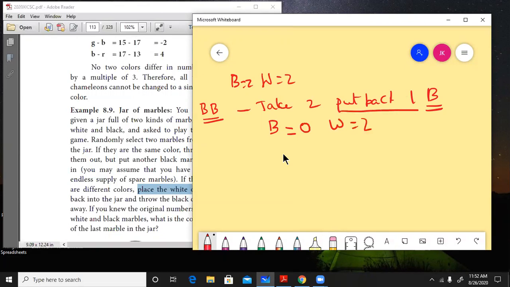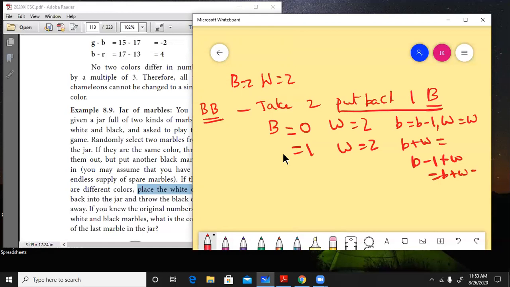Then I put back one black, so B becomes 1 and W is 2. So my B has reduced to B minus 1 and my W remains as W. So B plus W becomes B minus 1 plus W, which is B plus W minus 1. You understand? This is for my first case.